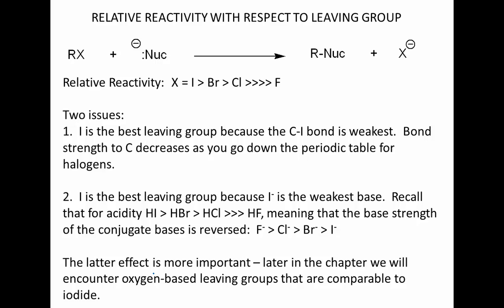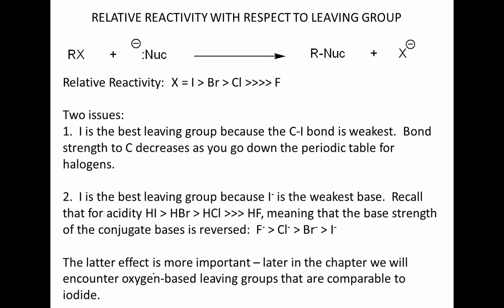Okay, two issues account for this trend. One is that the carbon-iodine bond is the weakest. The bond strength to carbon decreases as you go down the periodic table for most of the elements on the right side of the periodic table. Okay, so this is the weakest bond. It's the easiest one to break. Also, iodine is the best leaving group because it's the weakest base.